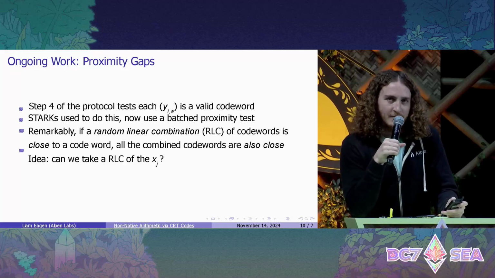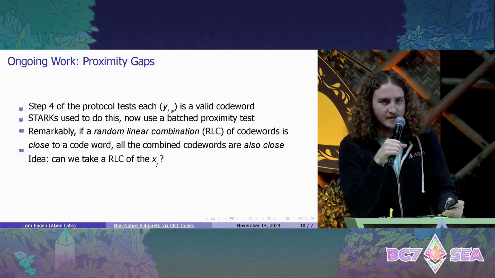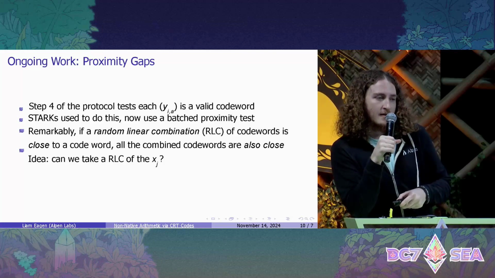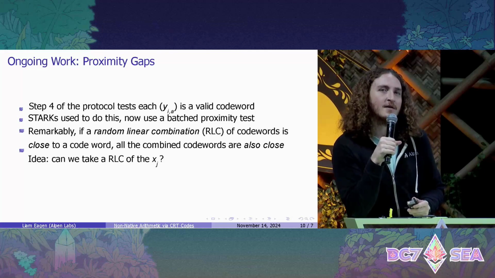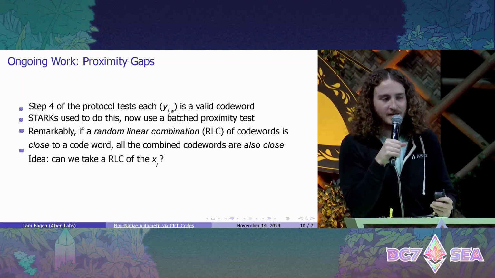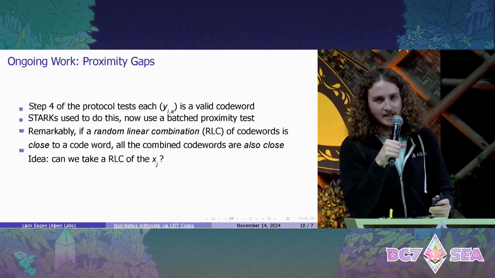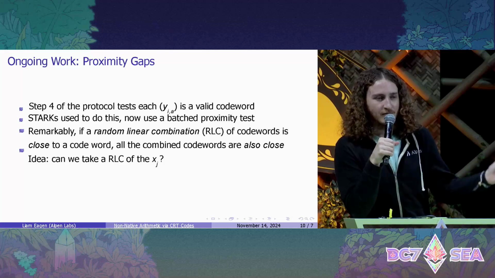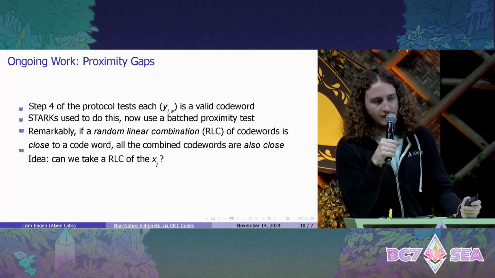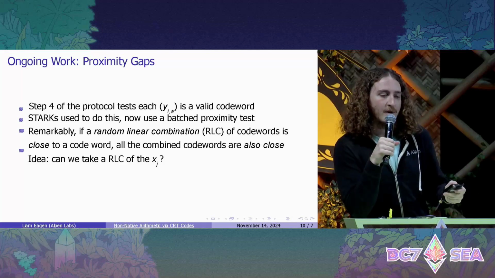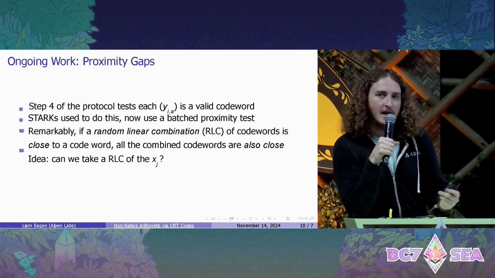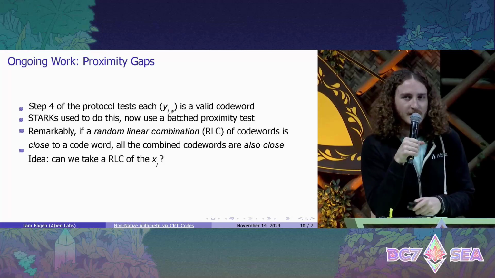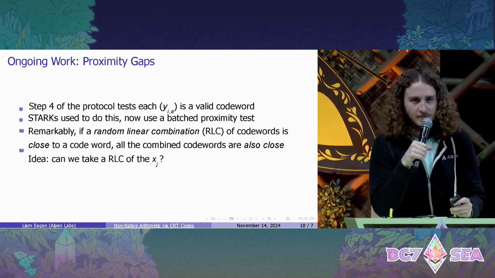So the question is, can we do the same thing here with CRT codes? I think so, but it's very different, right? Because in the Reed-Solomon setting, you have polynomials and you're working over a field, and you're taking a random linear combination over the field. Here, we have a set of integers, and we're taking a random linear combination of these integers, but there's no obvious base field in the same way that there would be for polynomials.